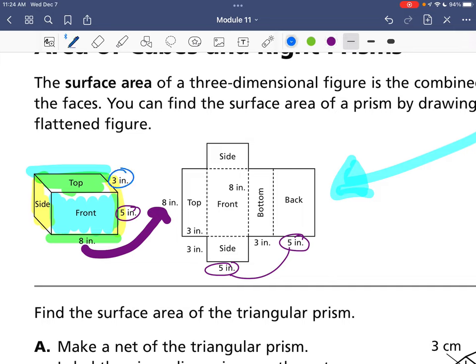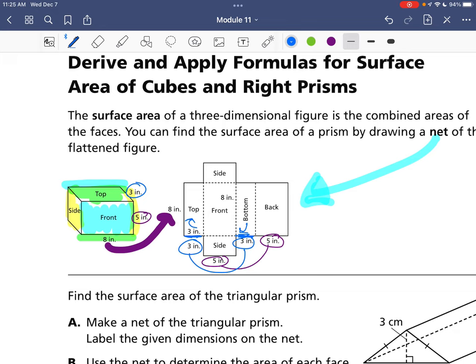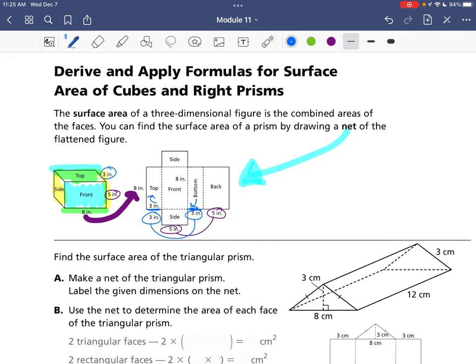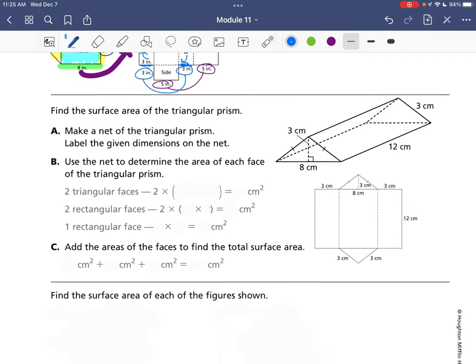My 3 inches, which goes here. Imagine like you folded this part down and you folded this part down. Those would be the same length. That's probably my biggest error that I see with students, is that they don't transfer the measurements over correctly. So just be really careful when you do that.